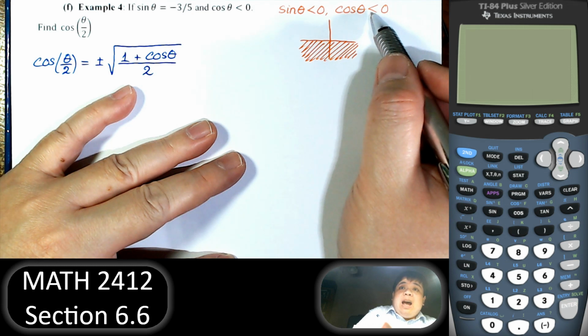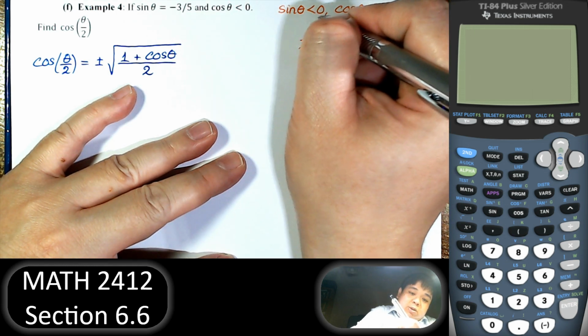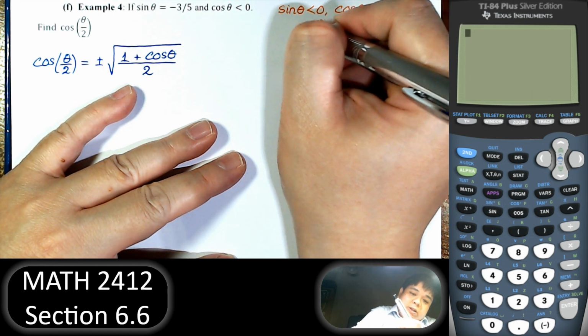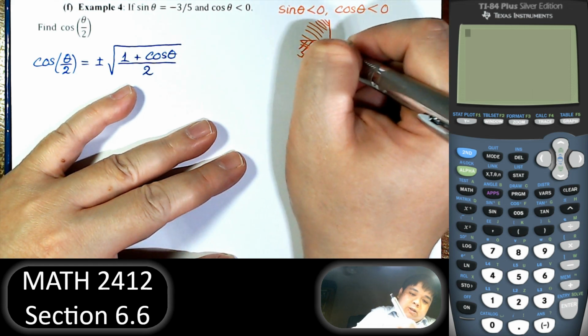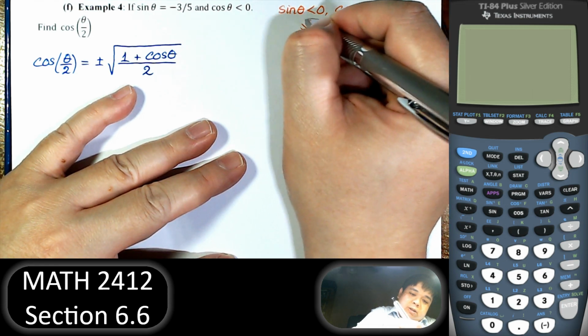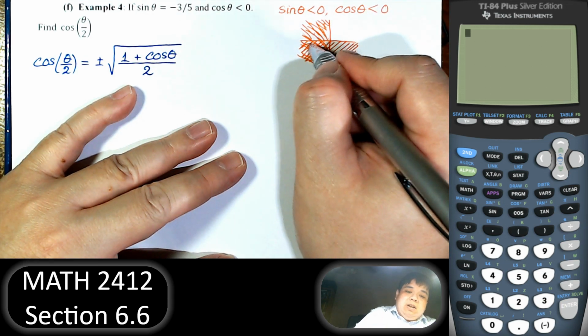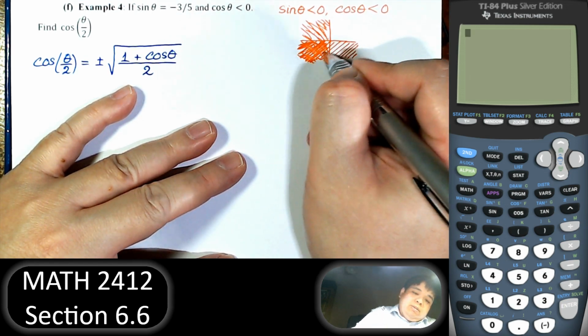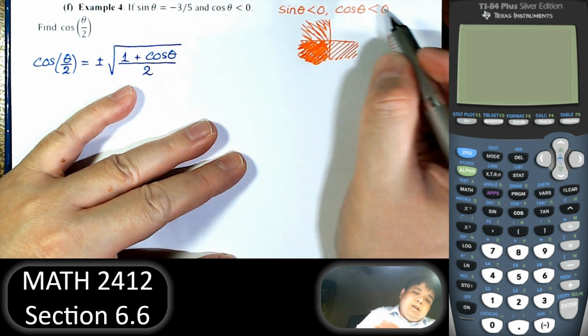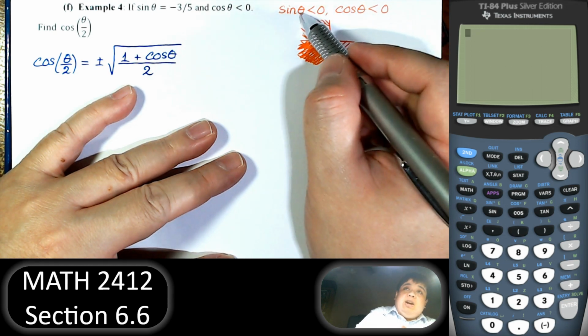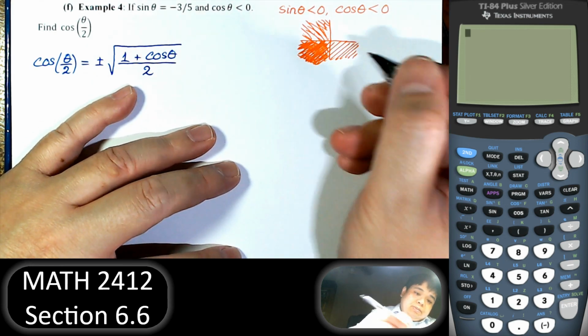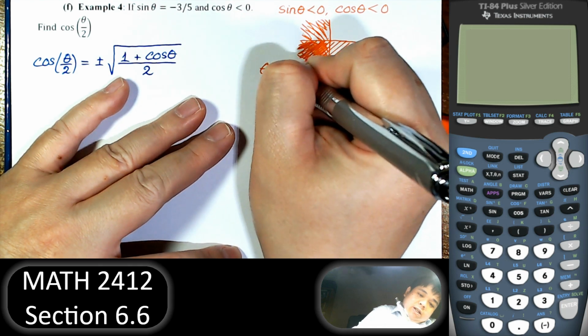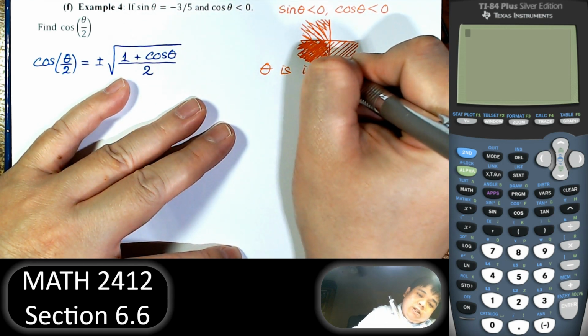Cosine is negative, the x value is negative, so quadrant 2 and 3. So put them together. This must be in quadrant 3, where x is negative and y is negative. So theta is in quadrant 3.